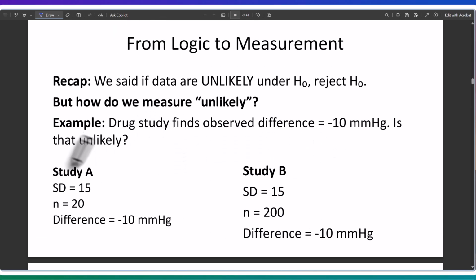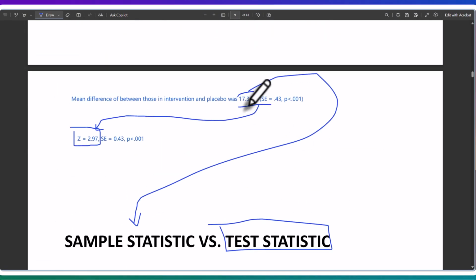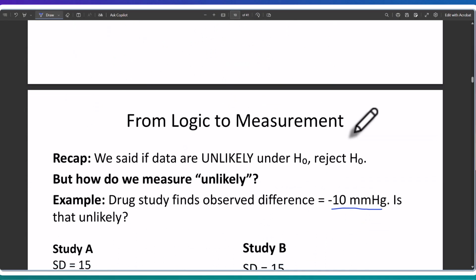If we were to look at the drug study, for example, and we find that the observed difference is 10 millimeters of mercury for systolic blood pressure, we want to know, is this unlikely? Just like here, we would want to know, is 17.3 unlikely?